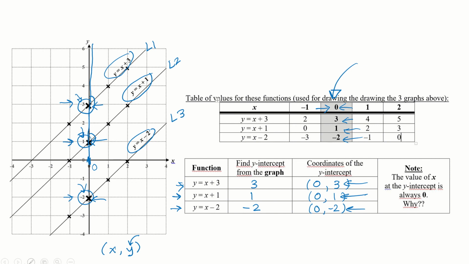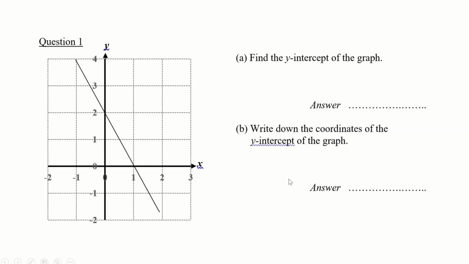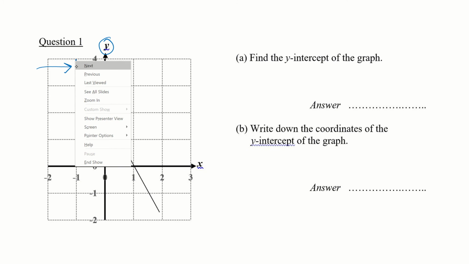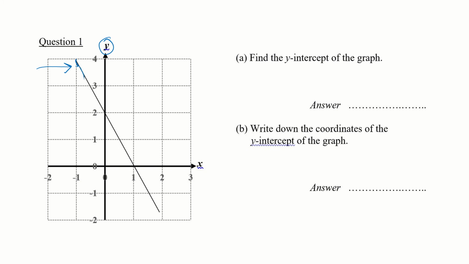Now you are going to try to answer the next question. This is the practice question, question 1. Find the y-intercept of the graph. Let's look at the y-axis and where this line cuts the y-axis. Going down, down, down. Haven't reached the y-axis yet. And now we reach it. Where does it cut? The number is 2 on the y-axis.